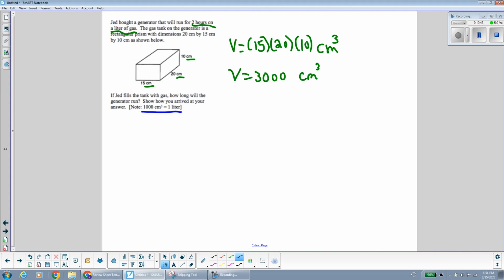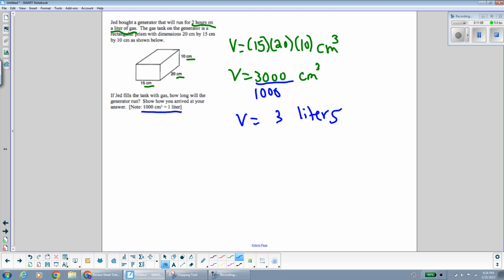So it says that 1,000 cubic centimeters is equal to 1 liter. So liter is the bigger unit. So to get from cubic centimeters to liters, I am going to divide by 1,000. And I got that 3 liters of gas can fit inside this generator.